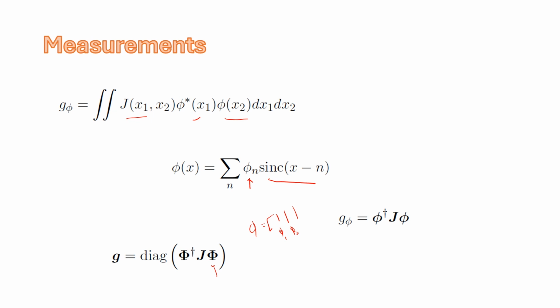We're only interested in phi 1, the product of J times phi 1 and phi 1 dagger times that, which would give us the intensity in the phi 1 mode, and so we are interested in the diagonal of the matrix products of J operating on phi, and then phi dagger operating on that product. Take the diagonal, and we've got the intensity in each one of those modes.